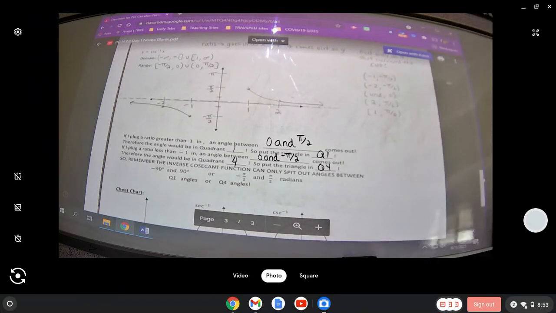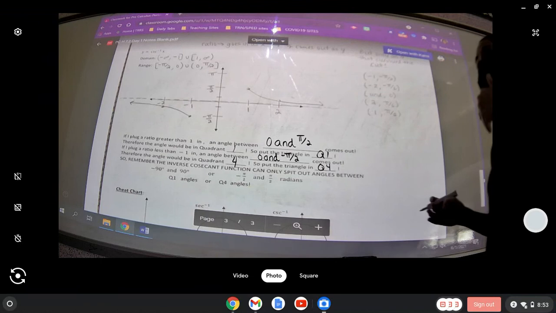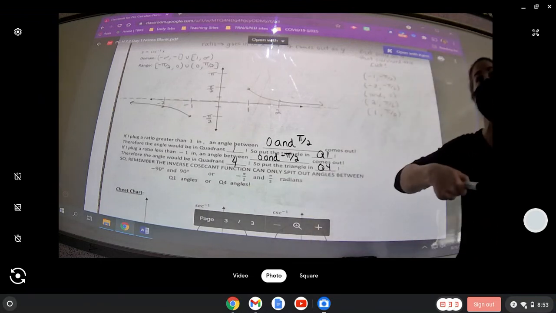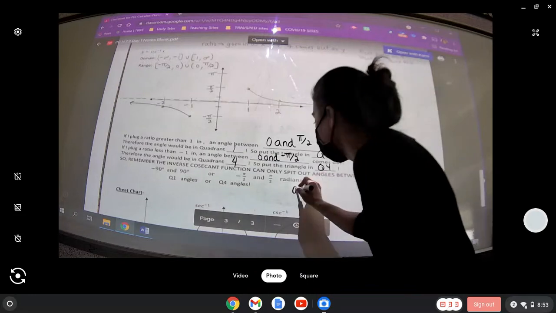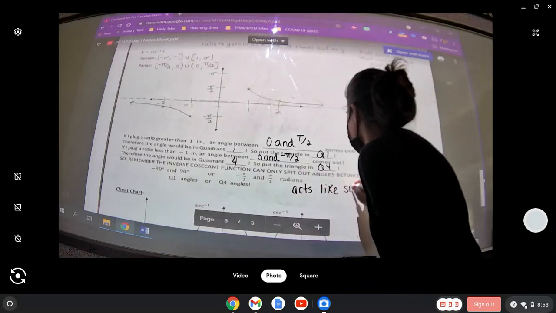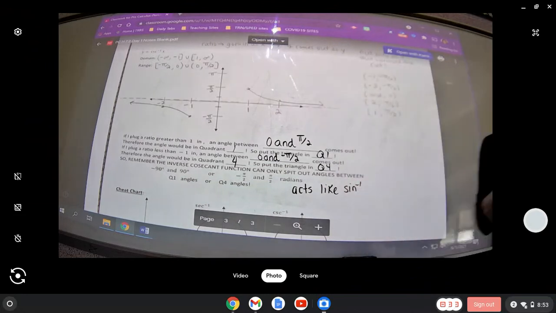The inverse cosecant of a negative ratio spits out a quadrant 4 angle. So he behaves just like his reciprocal's inverse. He acts just like the inverse sine. So all of our inverse cosecant problems, we're going to convert them to inverse sine problems. They're capable of spitting the same kinds of angles out.